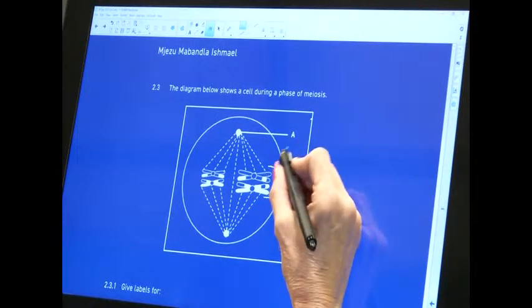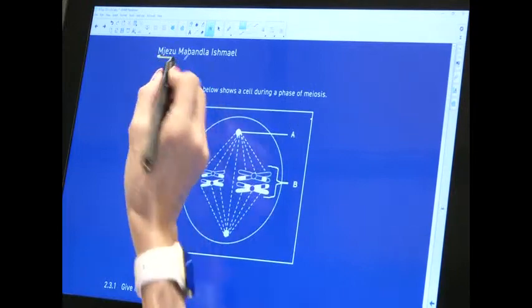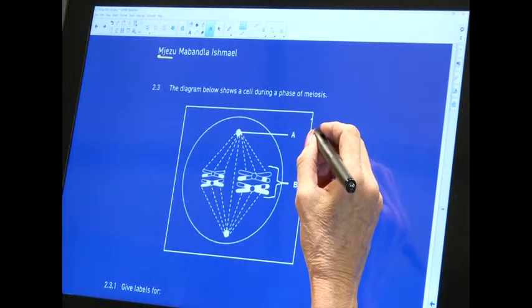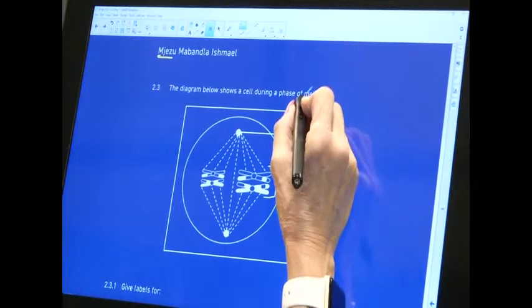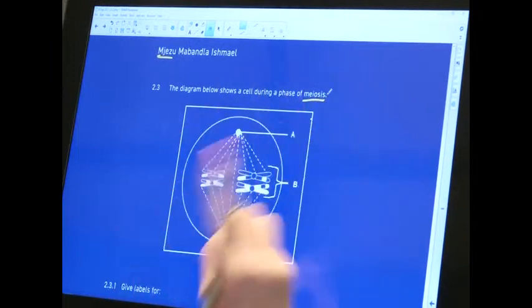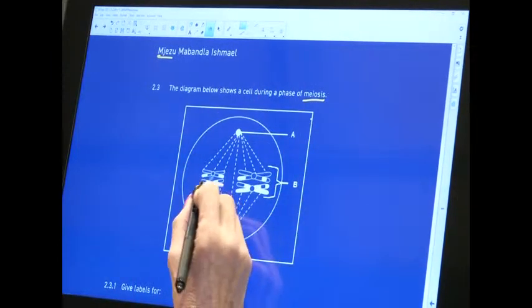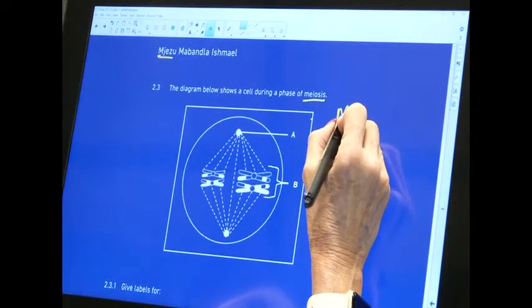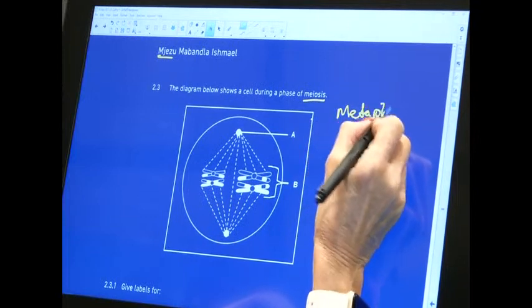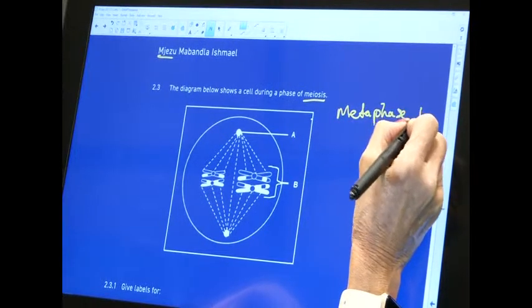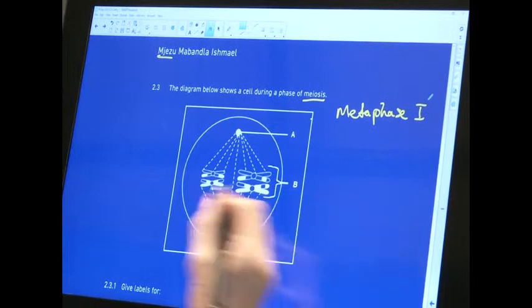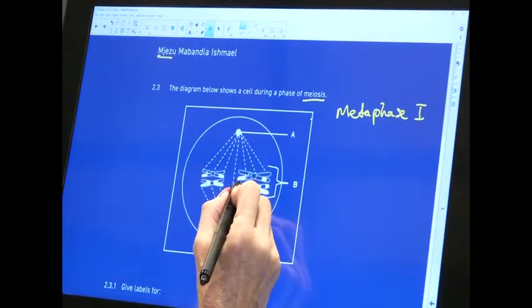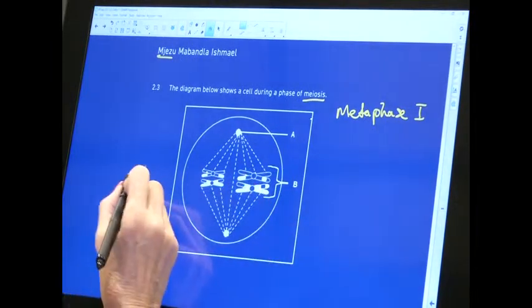So this diagram was sent in by Majezu, and this diagram shows a cell during a phase of meiosis. So the first thing you are going to know is that it is metaphase 1. And why is it metaphase 1? Because we have a double row of chromosomes at the equator.